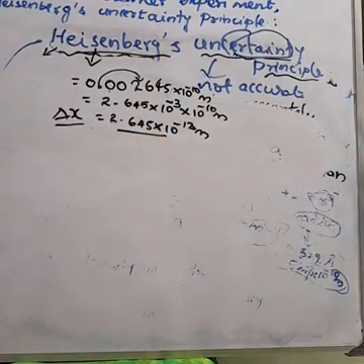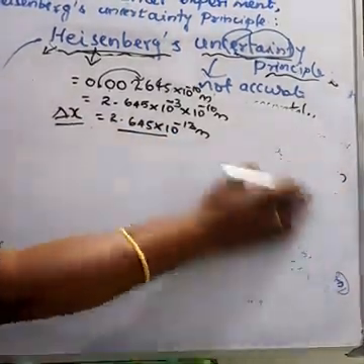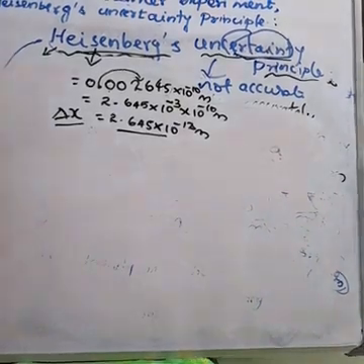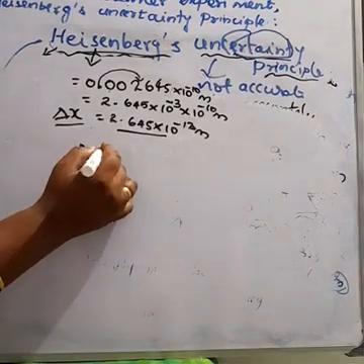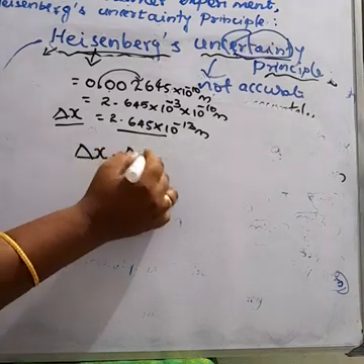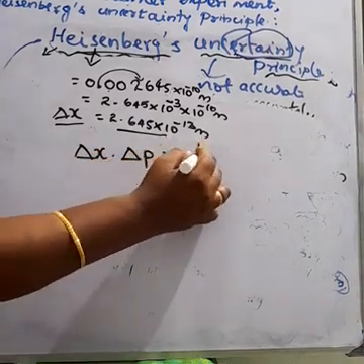Now we are going to find out at which speed this electron revolves around the nucleus. From the Heisenberg uncertainty principle, delta x into delta p is greater than or equal to h by 4 pi.